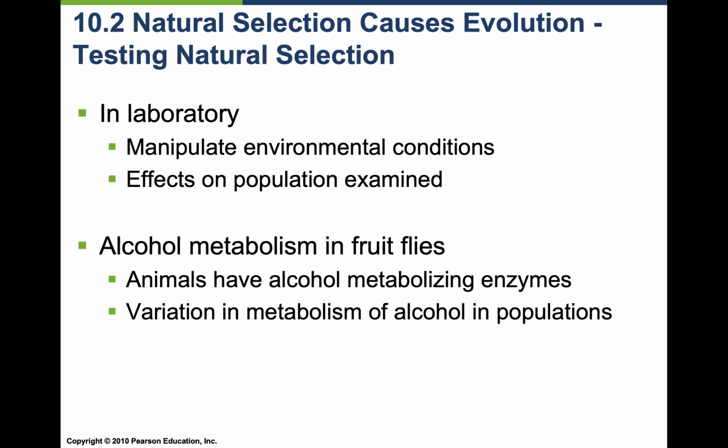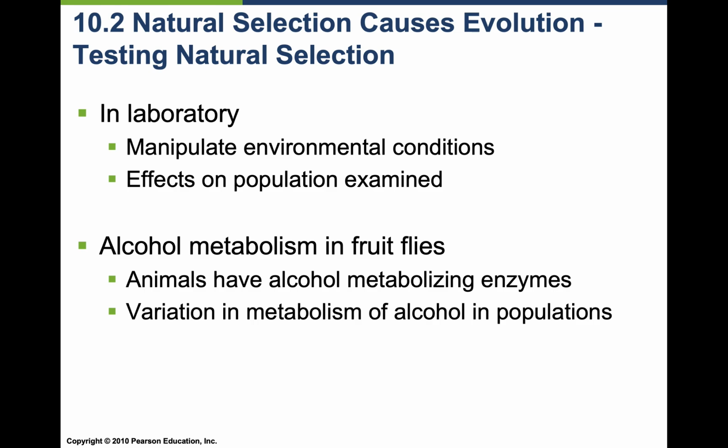Okay, so you can test for natural selection in the laboratory. We can manipulate environmental conditions and look at the effects on the population over time, and one of the cool ways we can do this is with alcohol metabolism in fruit flies.